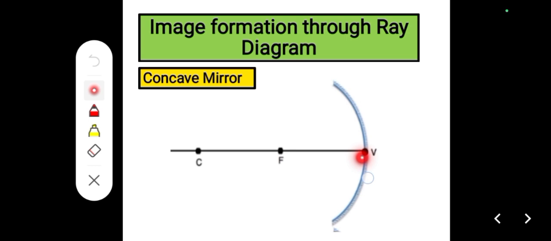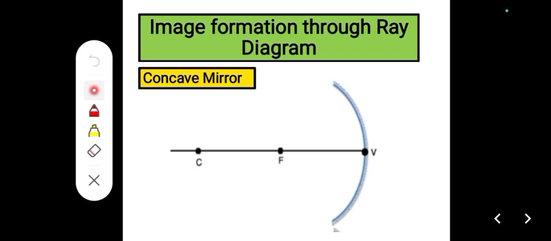Twice the focal length is called the center of curvature, which is represented by C. Let us identify these parts again. This surface here, the inverted C, is your concave mirror. F here represents the focal length or the focus, while C here is the center of curvature.